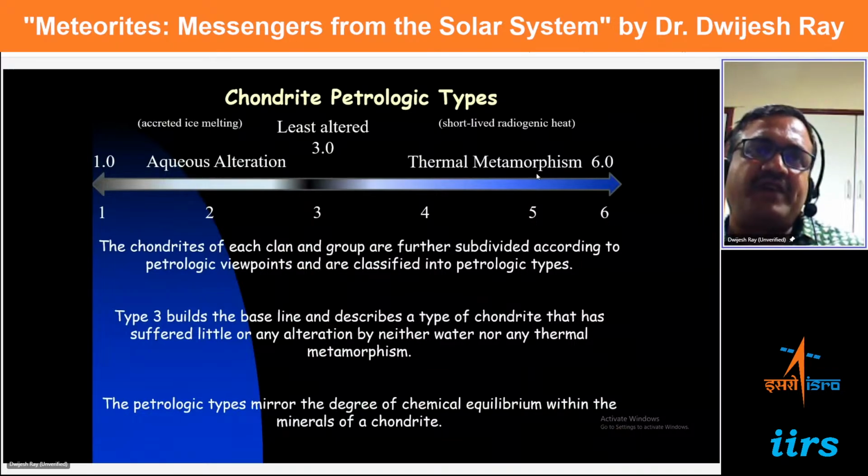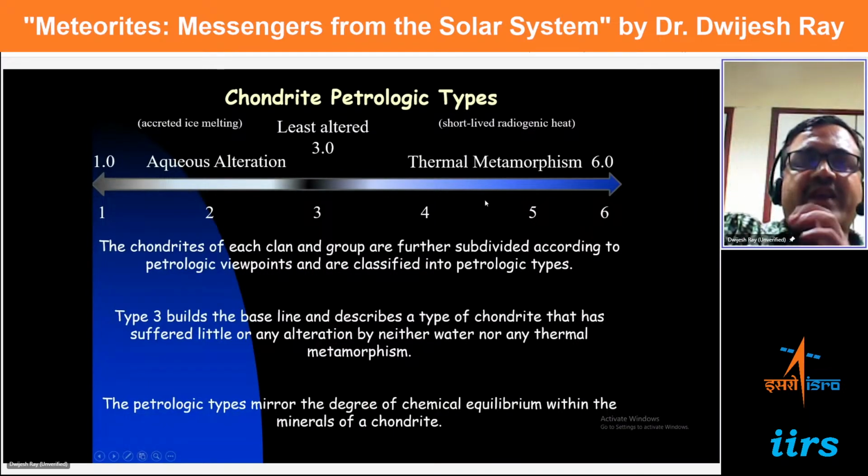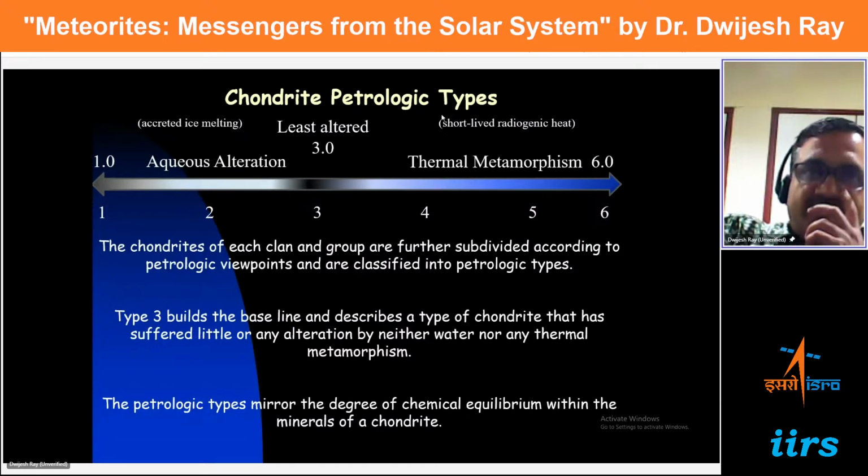This is the fundamental aspect for meteorites which undergo aqueous alteration. But there are some anhydrous meteorites which don't contain ice, but there are some short-lived radionuclides like 26 aluminum and 60 iron, which can produce heat and metamorphose the mineral. So this causes thermal metamorphism.